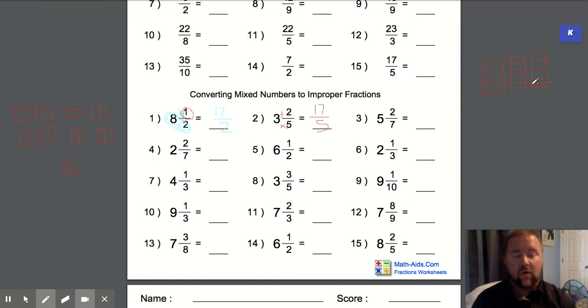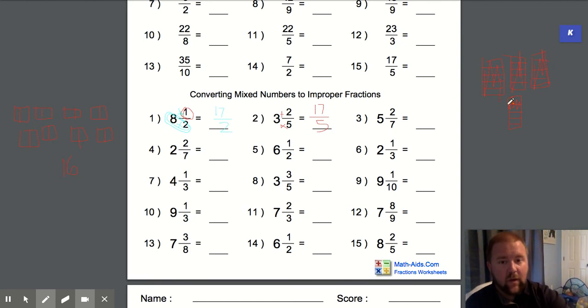Sorry, my parts aren't exactly correct, right? And then we have one that is 2 of the fifths. It's just these 2, right? So we have all of these 5, 10, 15, and then these 2 make 17 of the fifths. So again, that's why we're multiplying 3 times 5 because each of these wholes have 5 pieces.